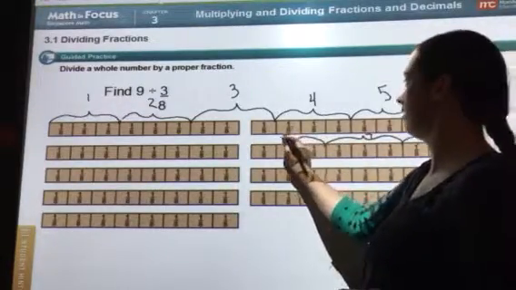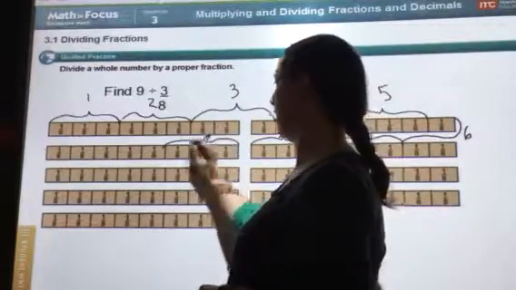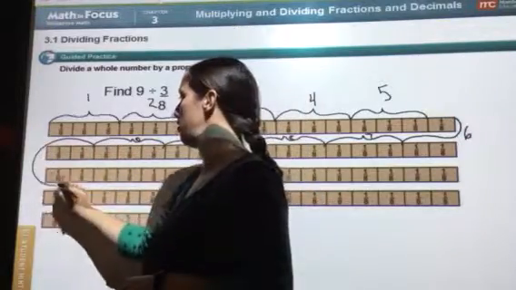7, 8, 9, 10. I'll share these over here.